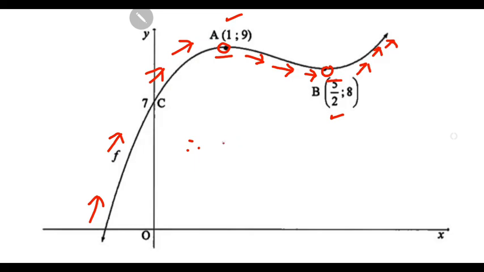So therefore between 1 and 5/2 the graph is decreasing. I told you, whenever you talk about increase and decrease of the function, the turning point values are included.